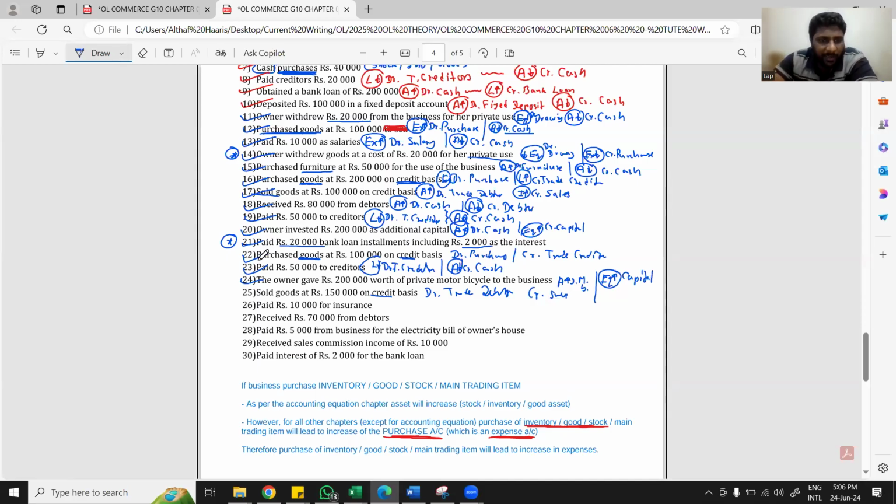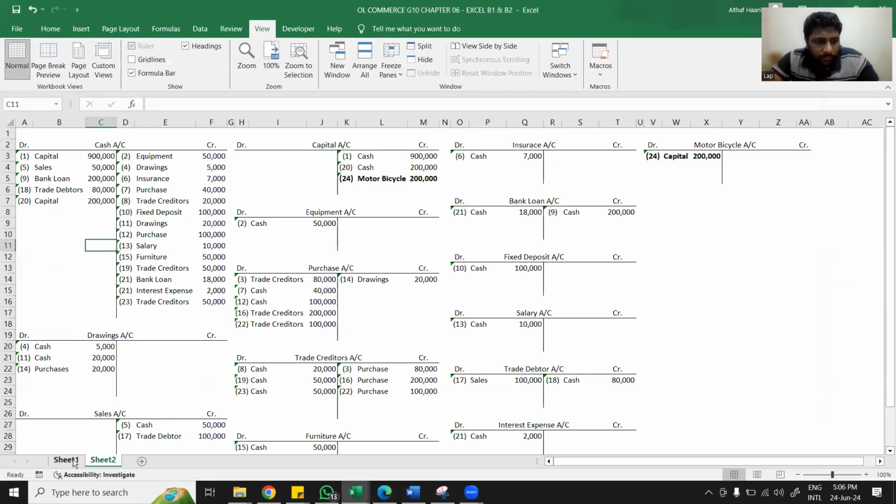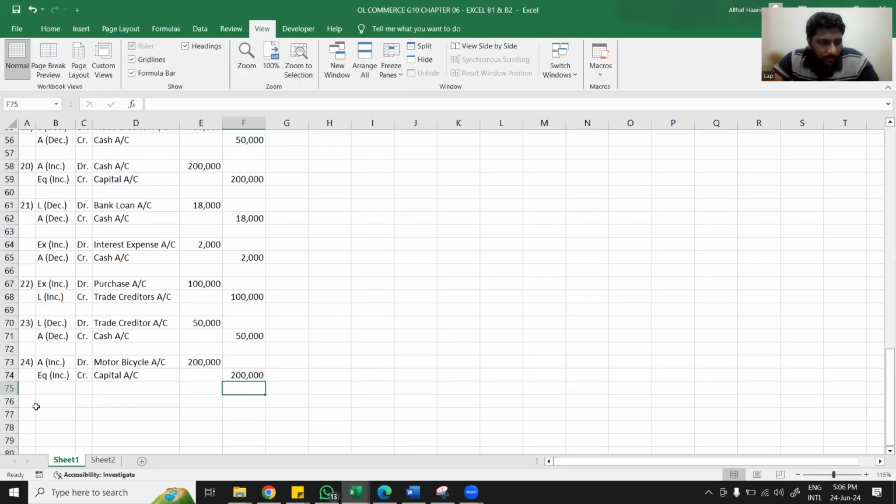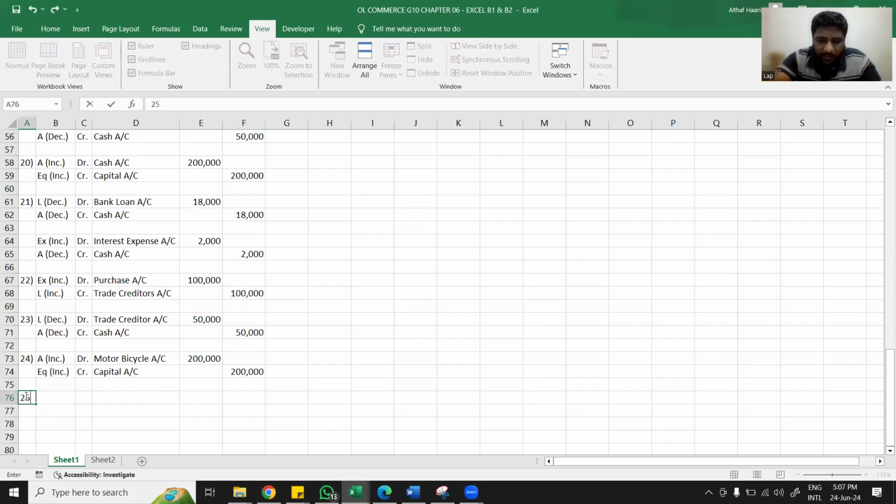Identical to 17, no difference. Sales is an income, so income increases, credit. And it is a sale on credit, so we have to receive money in the future.